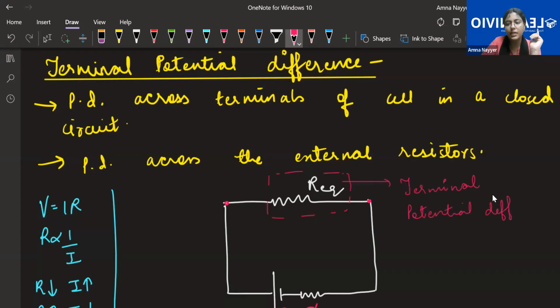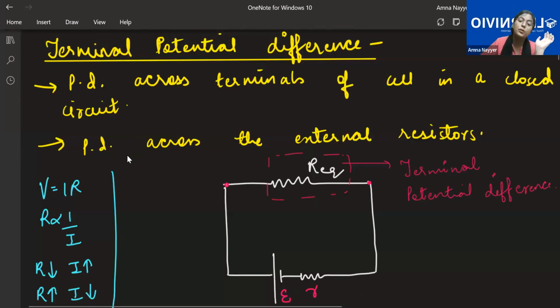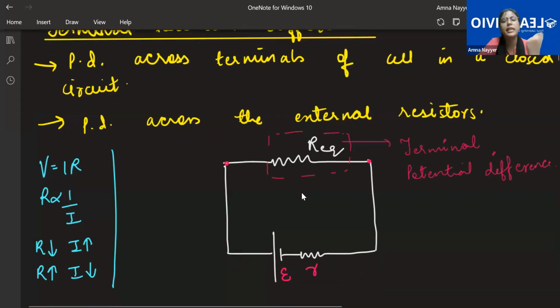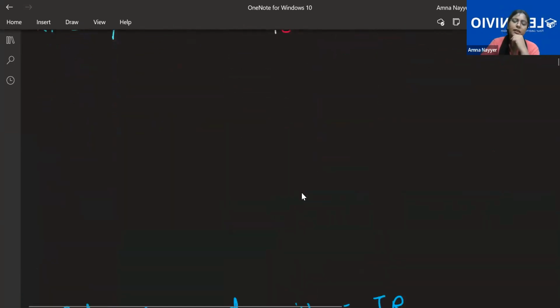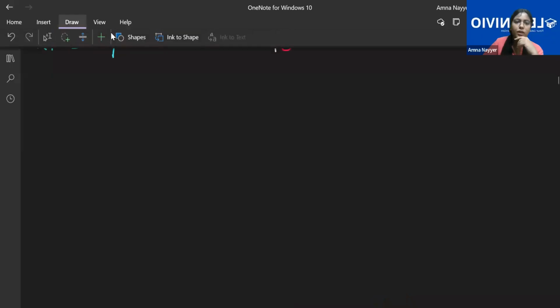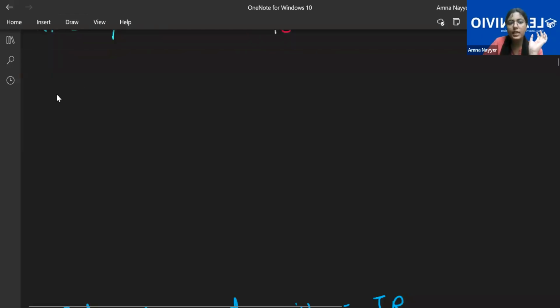Okay, this is the terminal potential difference. Means across the external resistor, you are going to put the terminal potential difference. We'll see how to calculate them. Right now, you will get R's value directly, because in the next segment we have the series and parallel combination.